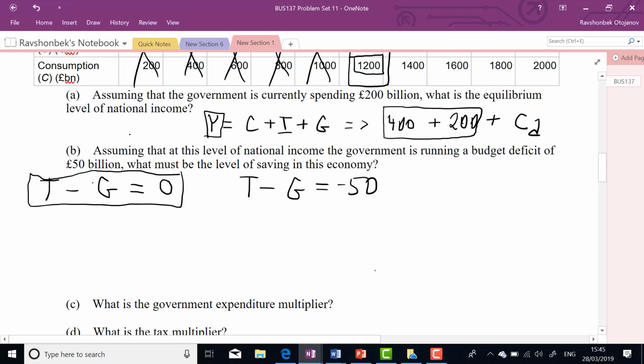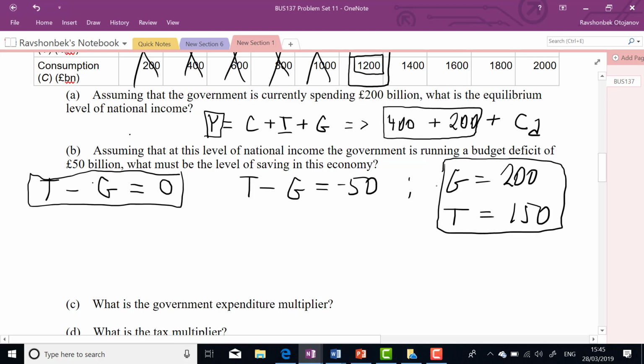So G is 50 billion more than T. Now, what is G? G is equal to 200. So T must be 150 then, right? Then that gives us, are you following me, guys? That gives us this result. Yeah, you know that the G from here is 200.